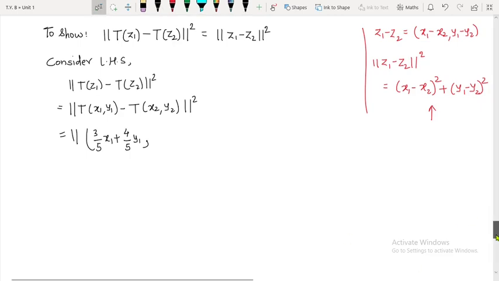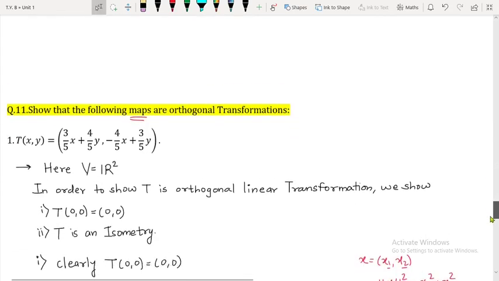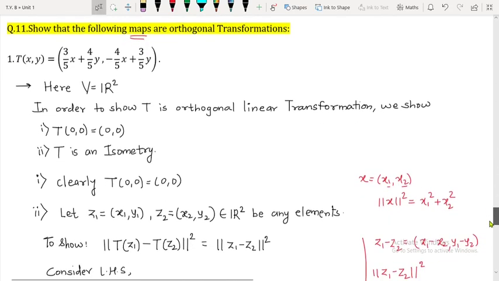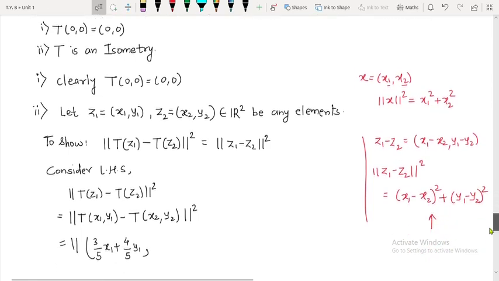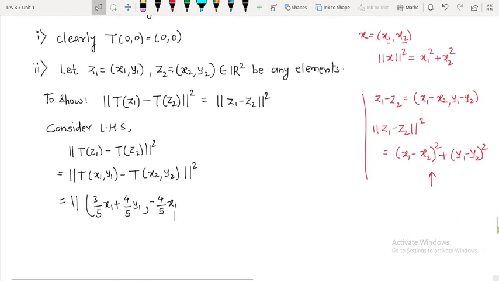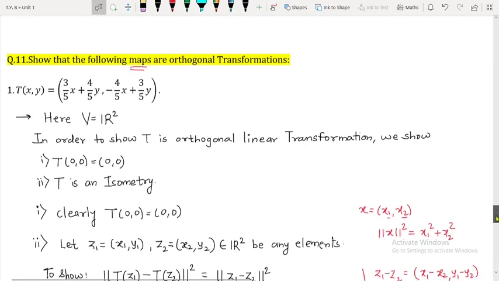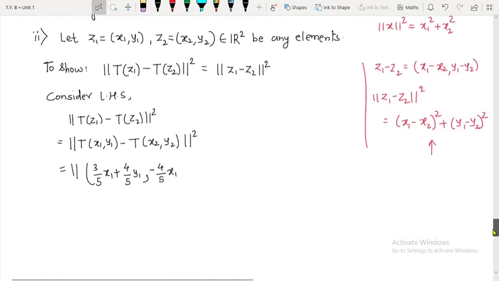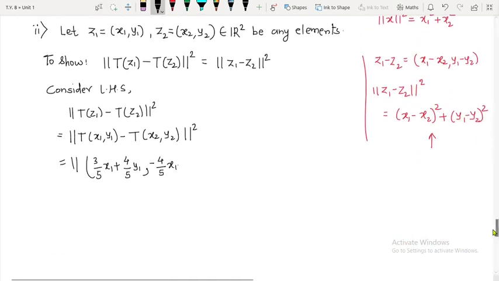Let me see. The second coordinate is minus 4 upon 5 x1 plus 3 upon 5 y1. Okay, so this is for the T of (x1, y1) only.